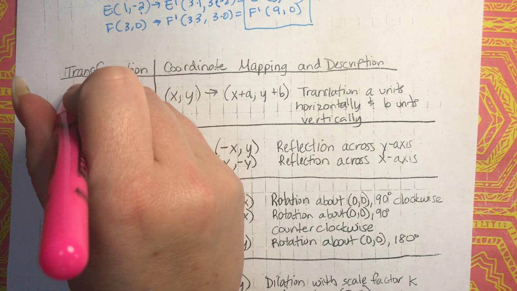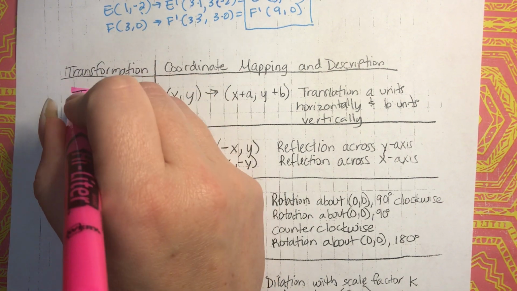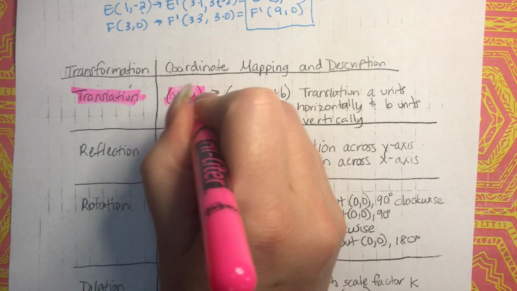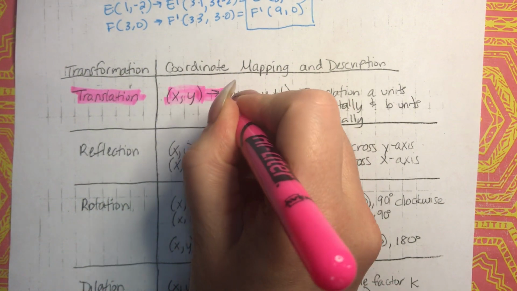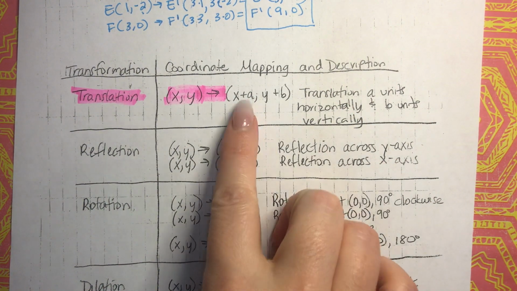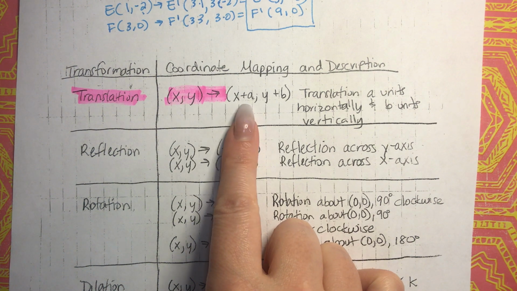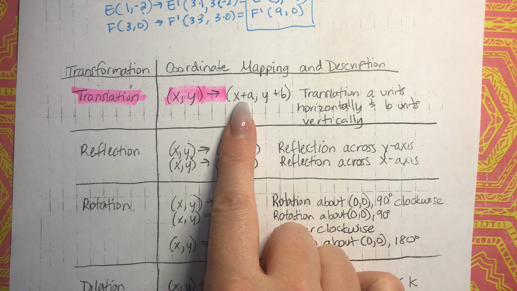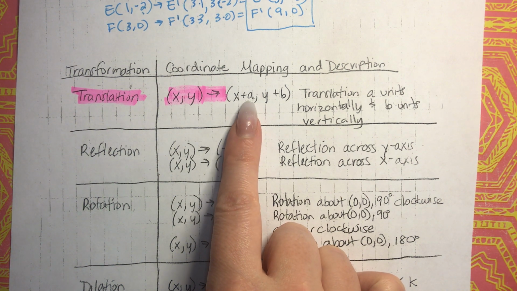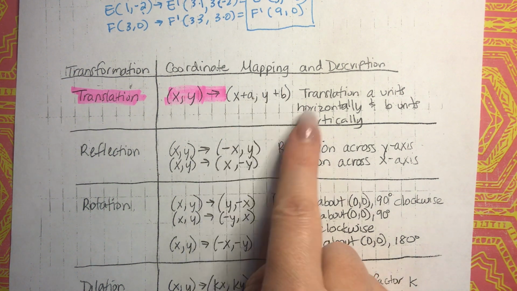So for a translation, there's a rule. You start with a point. This arrow means that it transforms. And this A and this B, this is talking about the horizontal shift. Okay, so if you added a number, if you added 2, you would be shifting 2 units to the right in the positive direction.